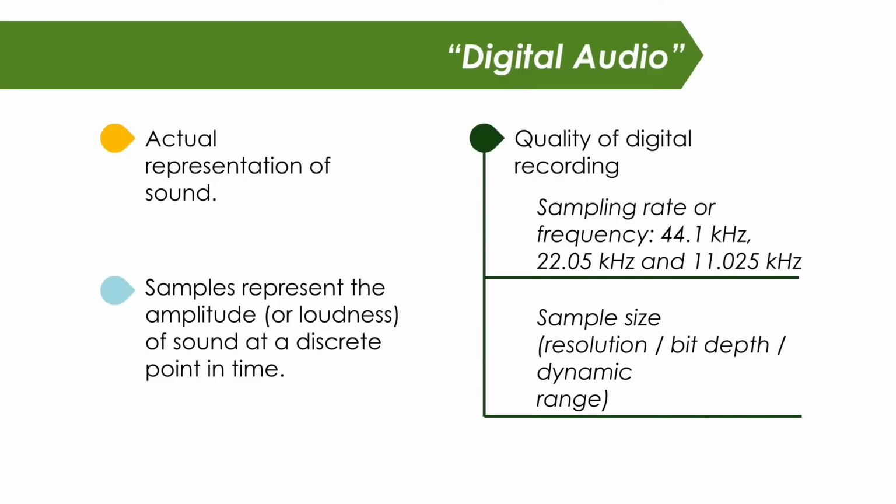Bila dah masuk ke dalam digital ni biasanya kita akan simplifykan the units tu. Kita tak sebut 20,000 hertz, normally kita akan sebut 20 kilohertz. So kita gunakan measurement of kilohertz to measure the sampling rate.